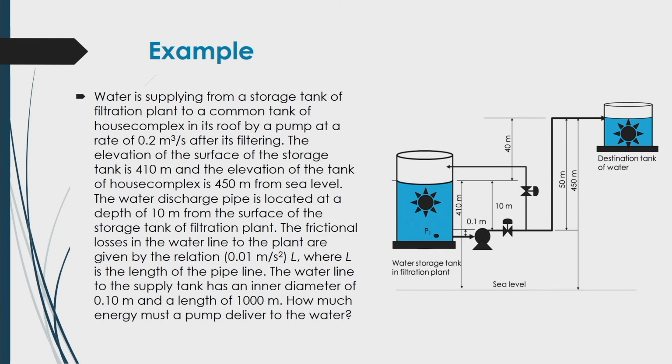Basically, water is to be supplied by a pump from the water storage tank kept in the filtration plant, from which the filtered water is supplied to a house complex. The discharge line of this pump is a certain distance from the water level of the storage tank, given as 10 meter.